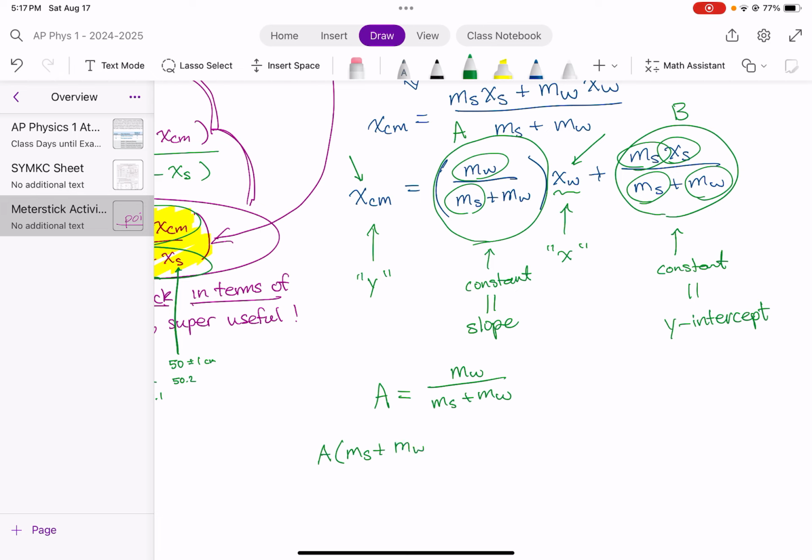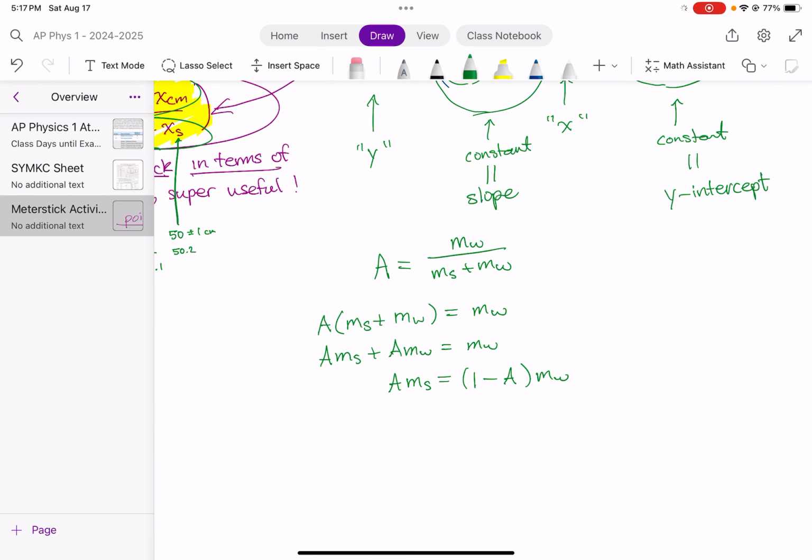A times mass of the stick equals, okay, I'm going to simplify this a bit. We're going to have 1 minus A times mass of the weight. Pause the video if you don't understand that step. Then I'm going to divide both sides by A, whatever A is, and I get this thing times mass of the weight.